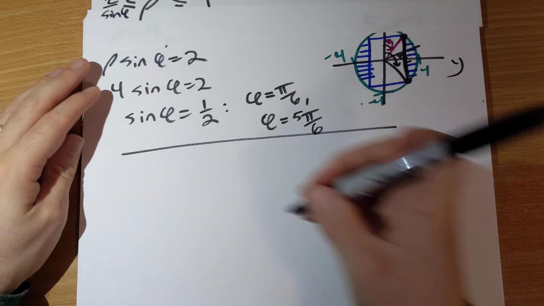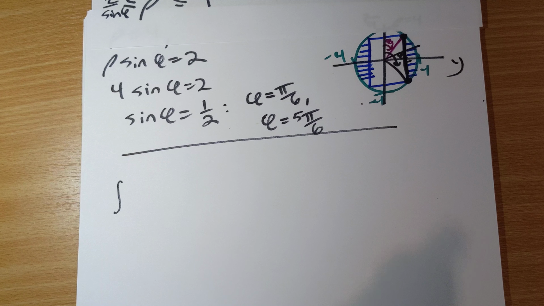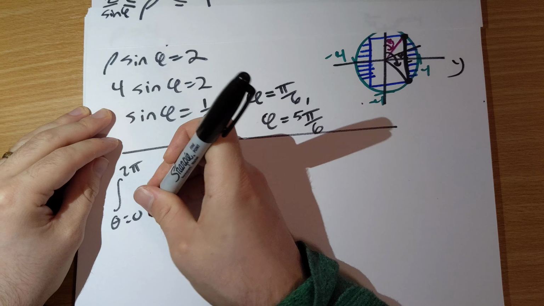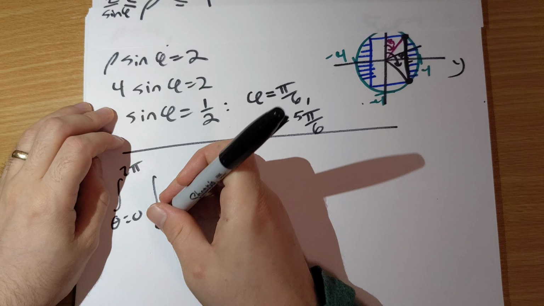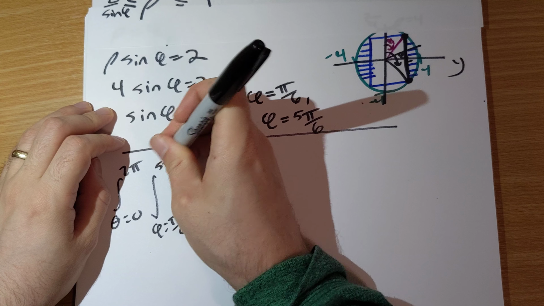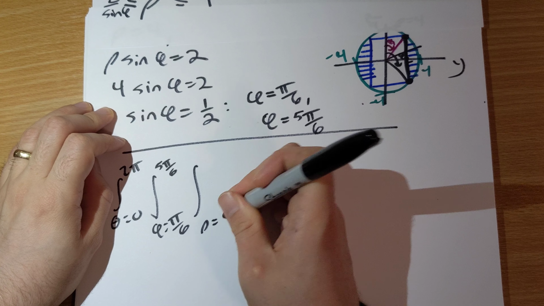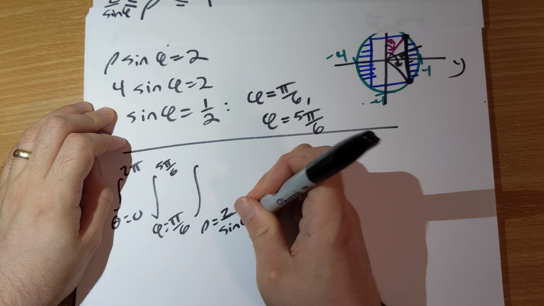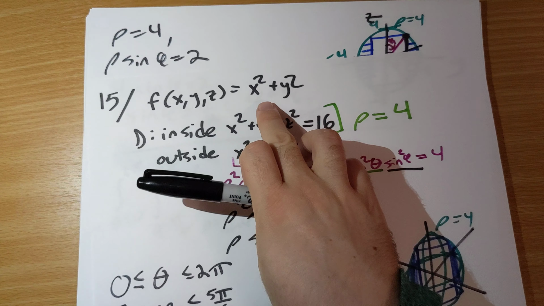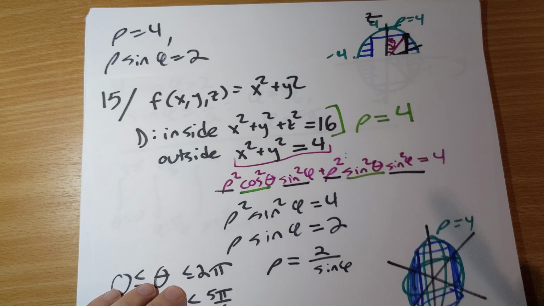So what do we end up with? We have the integral where theta runs from 0 to 2 pi, phi runs from pi over 6 to 5 pi over 6, and rho runs from 2 over sine phi to 4. The integrand is going to be x squared plus y squared.